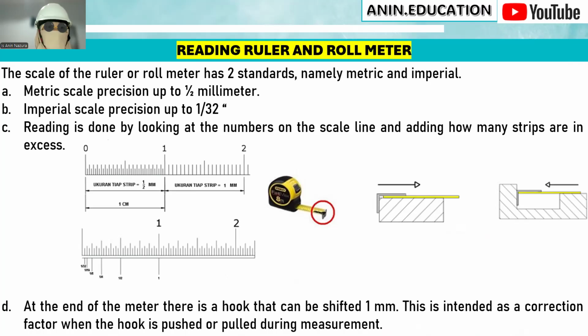And three, reading is done by looking at the numbers of the scale line and adding how many strips are in the axis. You can look at the picture. Roll meter reading rules and meter. At the end of the meter, there is a hook that can shift 1 millimeter. This is intended as a correction factor when the hook passes over the valve during measurement.